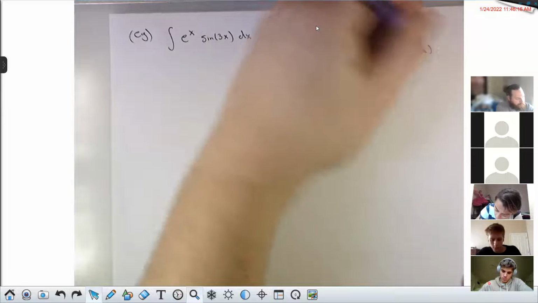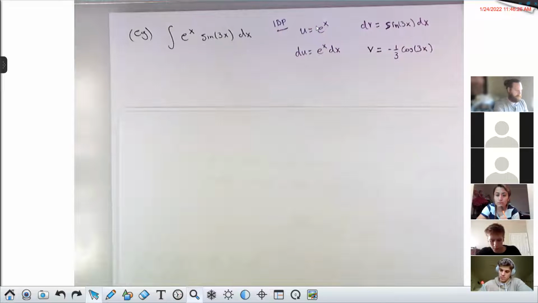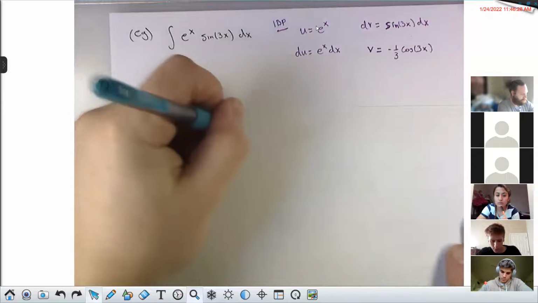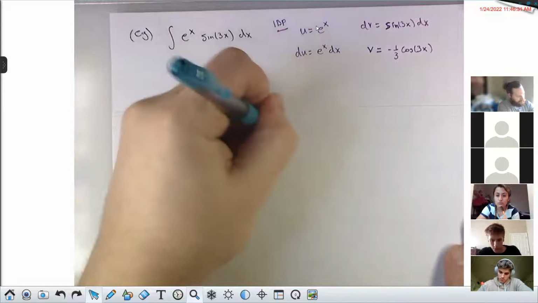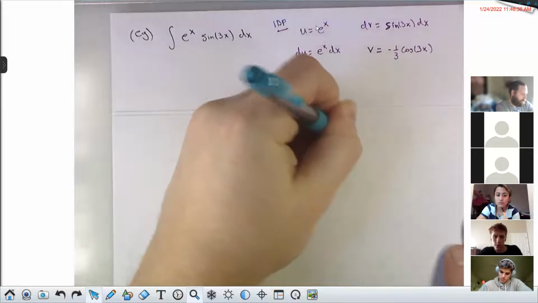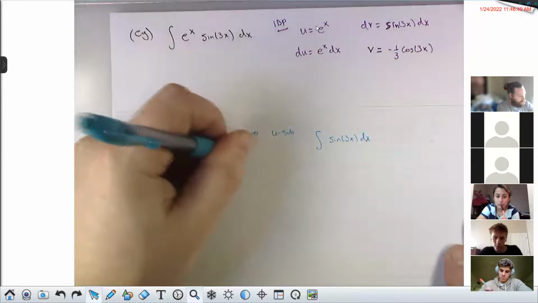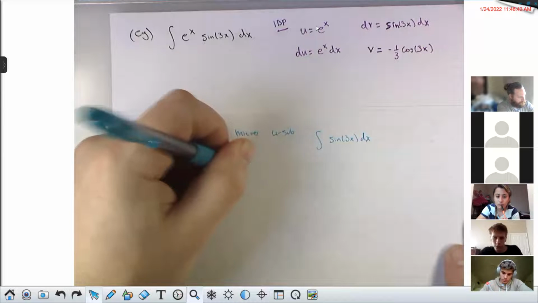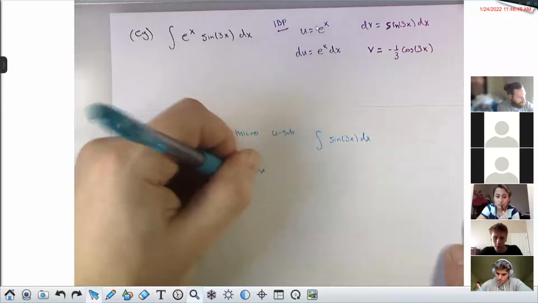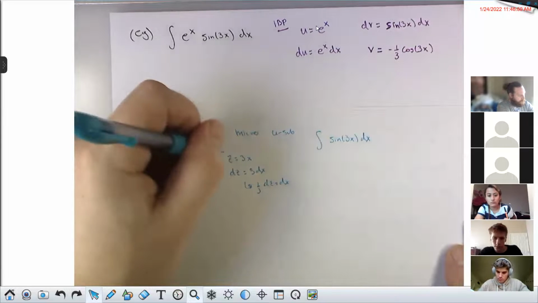Does everybody see where that's coming from? This is one of those things that I've called a micro u sub. If you're integrating sine 3x dx, I'll do it with z, you let z be 3x. dz is 3 dx, which means 1/3 dz is dx.